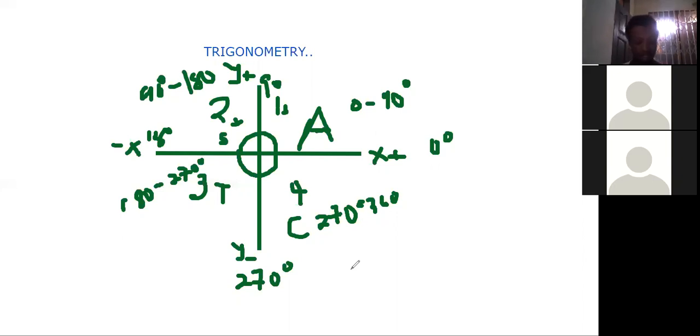What do you get? 0.0872. It is positive, right? Yes, sir. Check the other ones. Use the other ratios and let's see if you get positive answers.